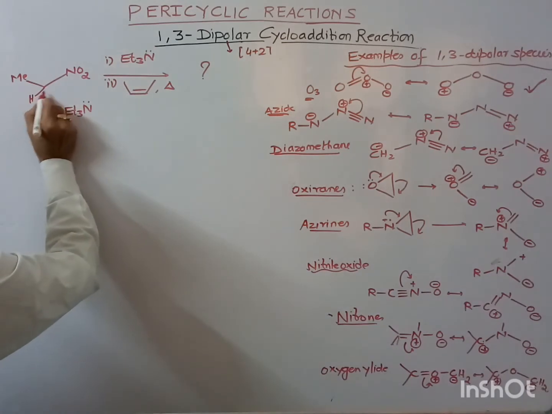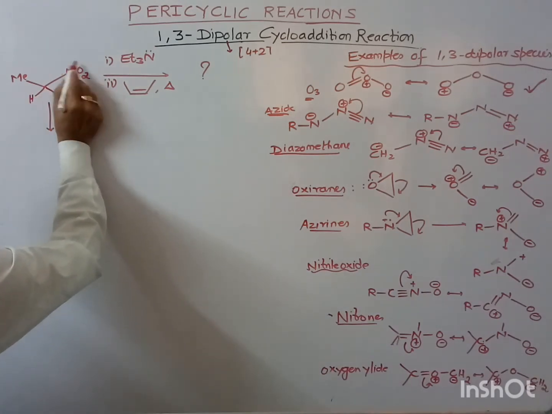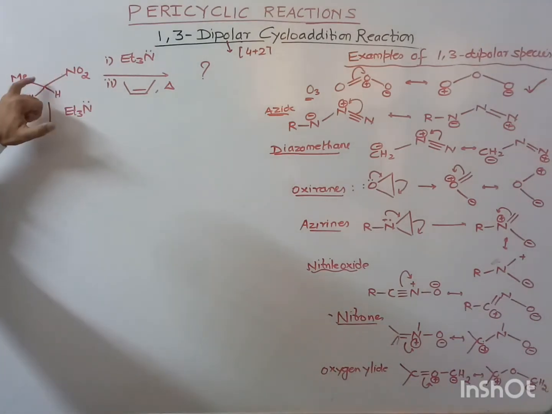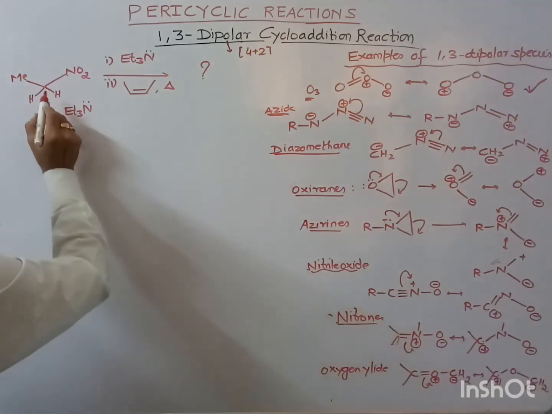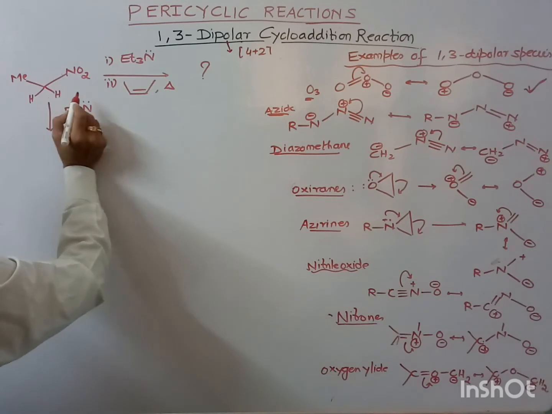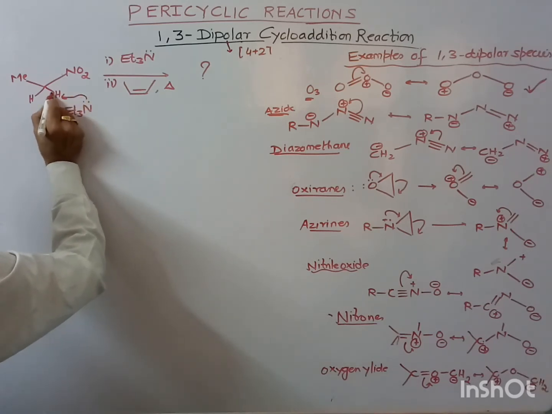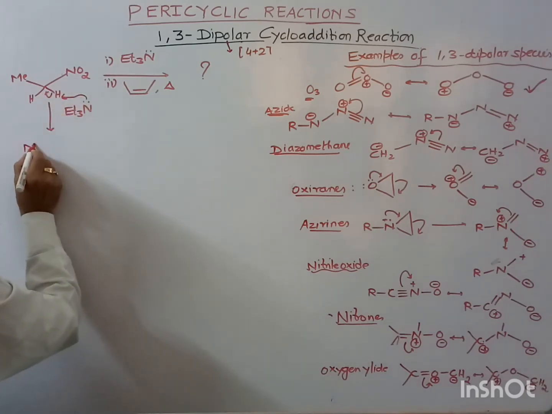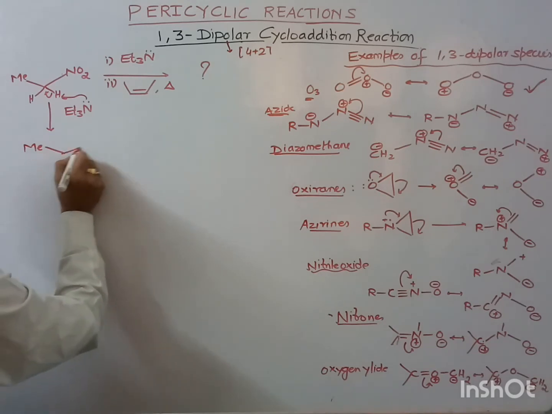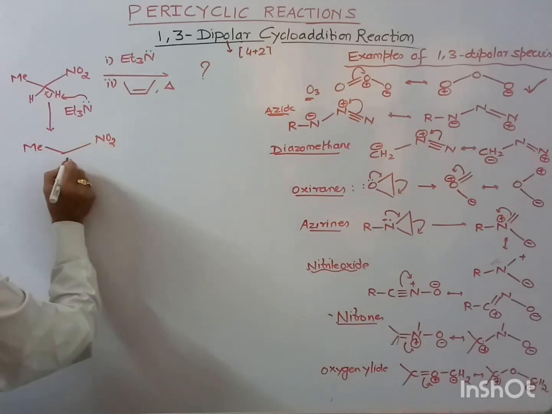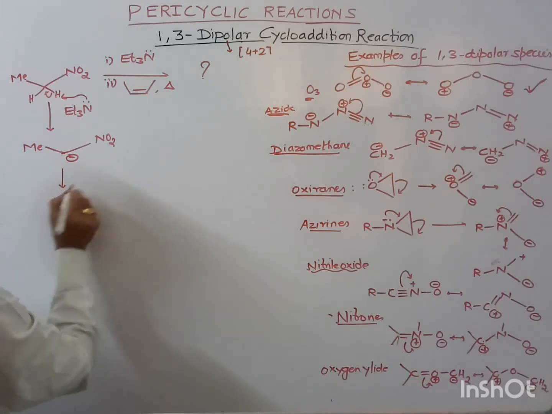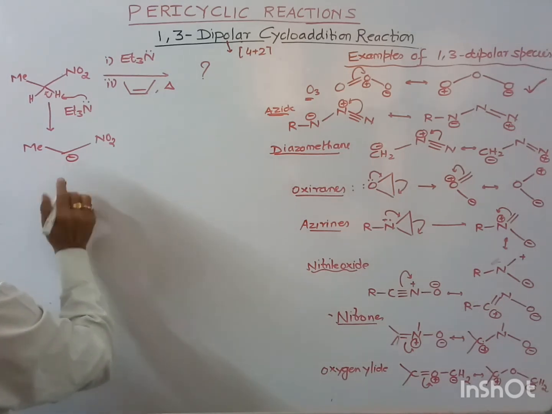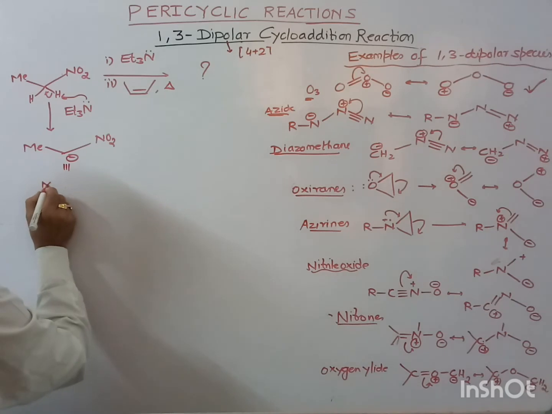An electron withdrawing group is present on this carbon, so this is the acidic hydrogen over here, and you may find a minus charge here, or that may be written like this.